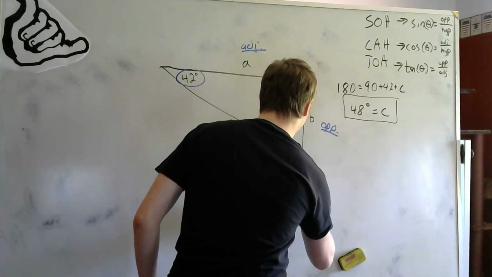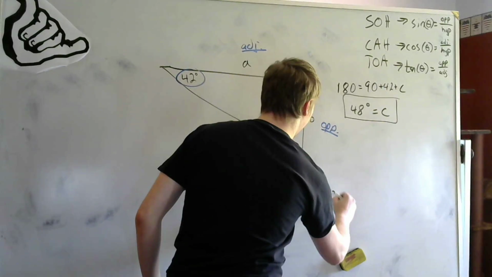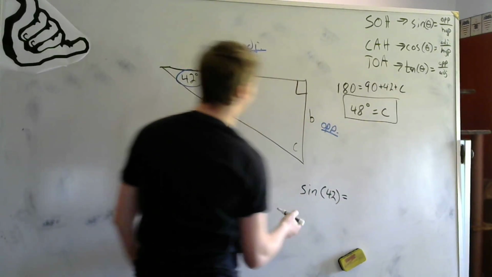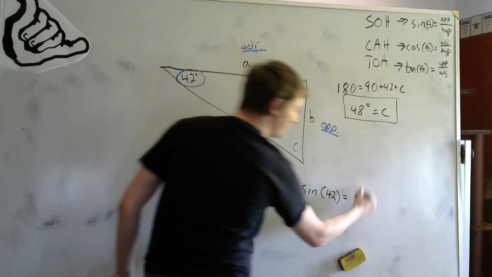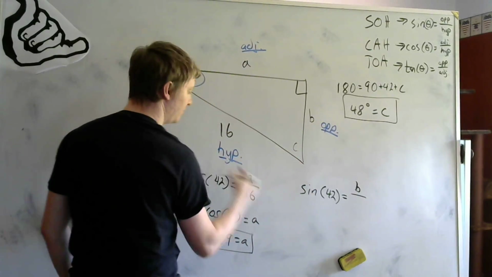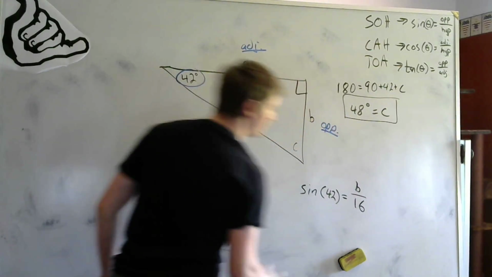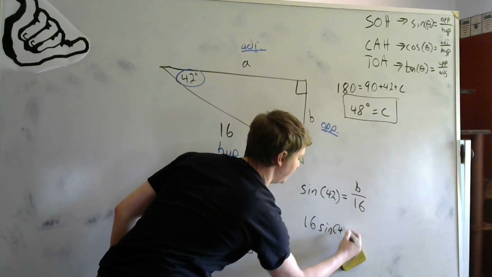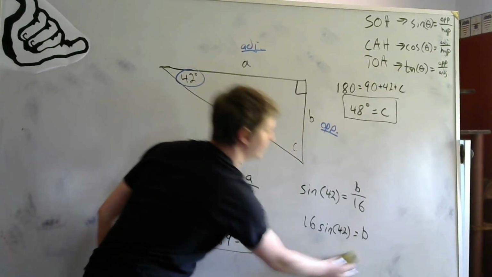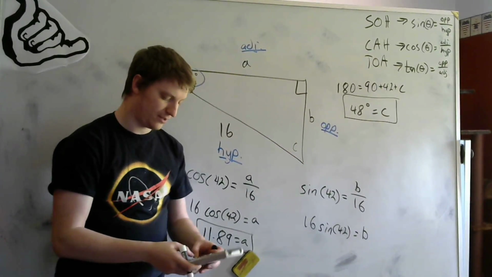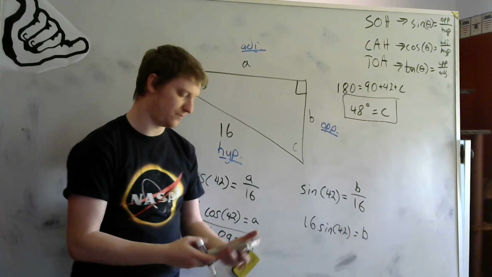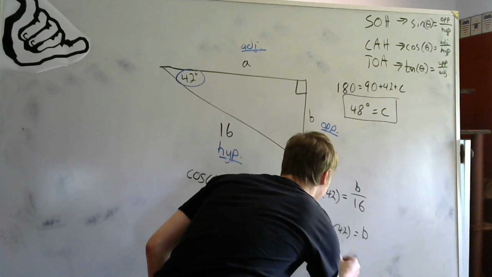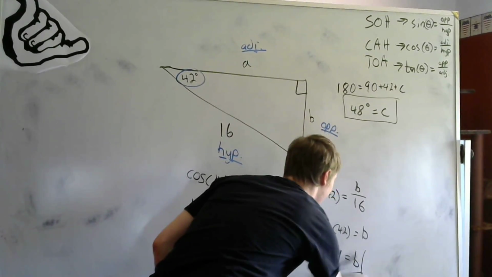So I can do sine of my angle, which is 42. That should be equal to the opposite, which was B, and the hypotenuse, which is 16. Which means 16 times sine of 42 is equal to B. 16 sine 42. 10.71 when you round. 10.71 equals B.